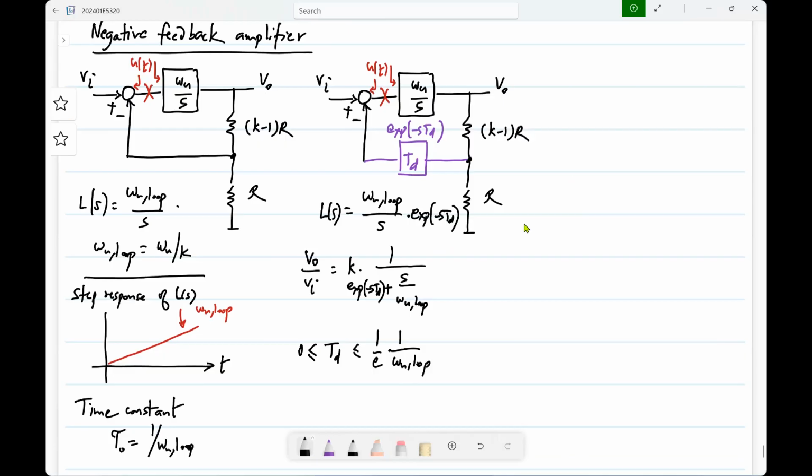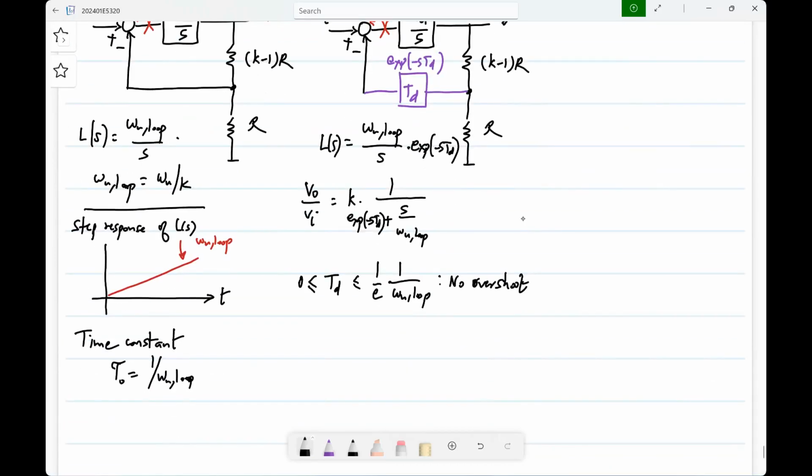In this case, we have no overshoot for small td, and for td greater than 1 by e and less than pi by 2 times the time constant, you will have ringing, but the system will be stable.